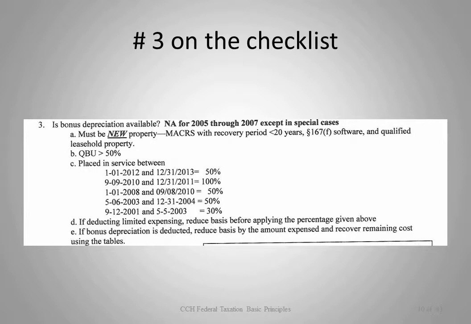All you really need to know about C is that we are currently using the 50% rule that was in place from January 1, 2012 through December 31, 2013. And the provision is, at least as far as we know today, expired going forward. As you can see, the provision had a lot of different ramifications, the different variations.